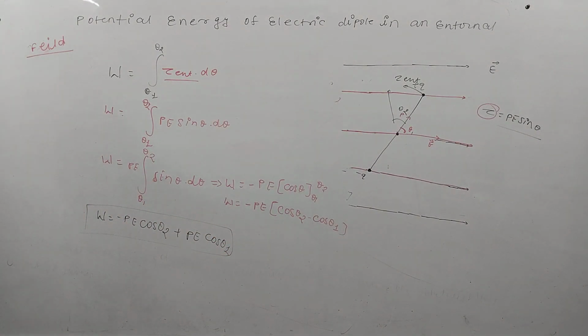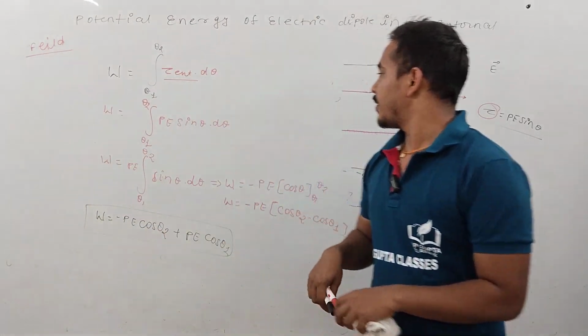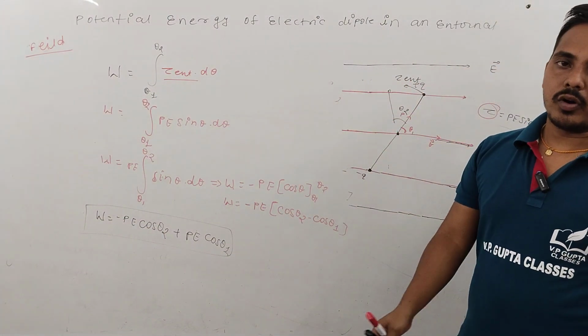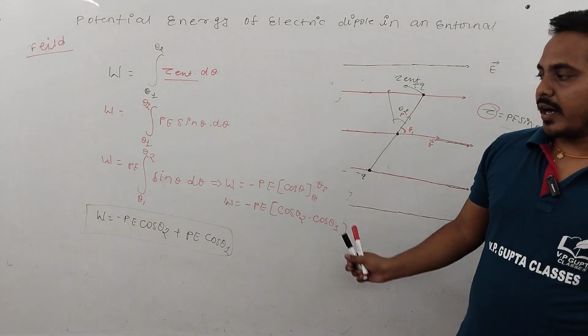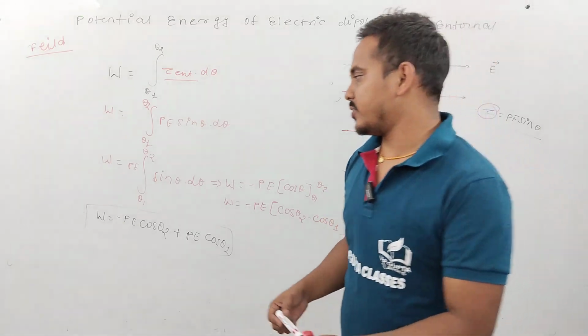This is the work done by the external torque tau ext, and this work done is stored as potential energy.